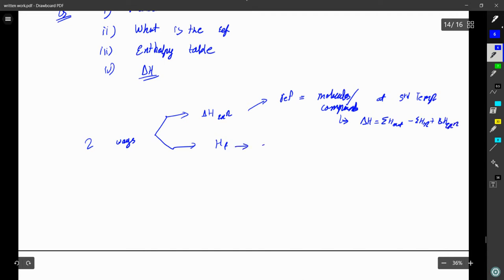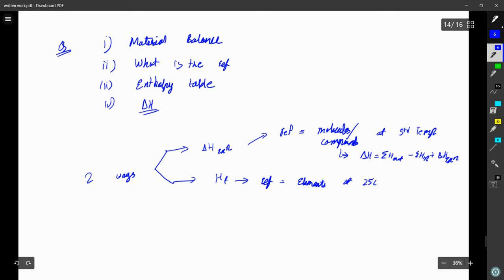When you do it with heat of formation, the reference will be elements at 25 degrees Celsius. Whenever you define heat of formation, the reference states are pure elements at some temperature and pressure, generally 25 degrees Celsius, 1 atmosphere. And in this, you'll get delta H equals delta H out minus delta H in. You won't have the delta H reaction term here, because the bond formation and bond breaking are already accounted for, whereas when you're considering the other method, you have to account for it separately.